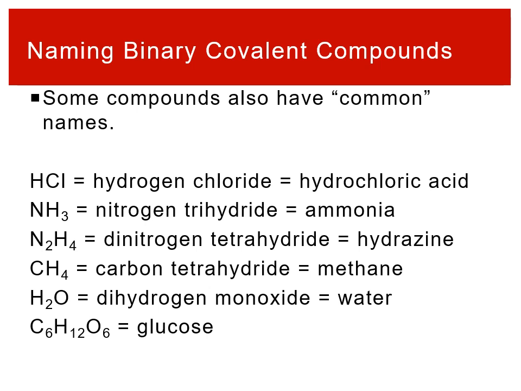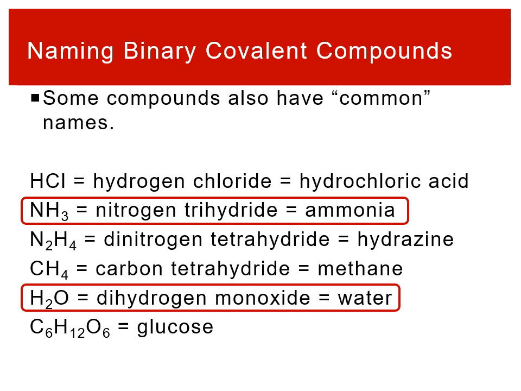N2H4, found in rocket fuel, is called hydrazine. H2O is the standard case; we would call that water. Dihydrogen monoxide would be technically correct, but would never be referred to as that. Water's just so common. Of all of these, there are two common names that you need to know: ammonia for NH3 and water for H2O.